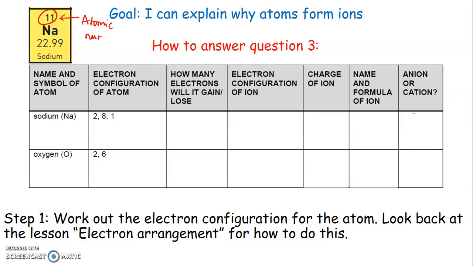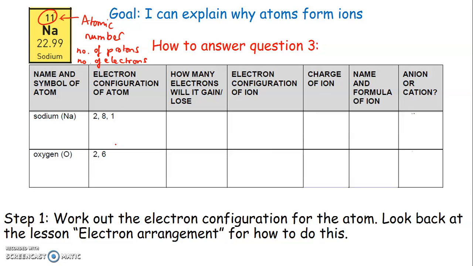Atomic number. So this is the smaller number, and the smaller number at the top of the box. Okay, and what this number tells us is the number of protons. Okay, and also it tells us the number of electrons for a neutral atom.